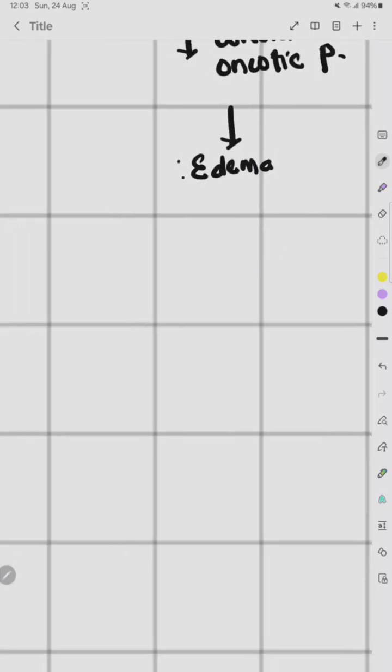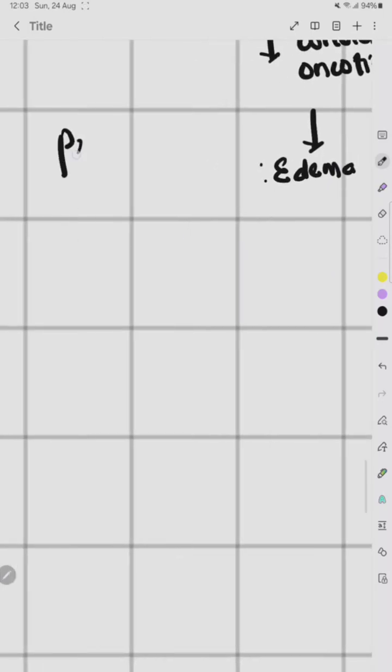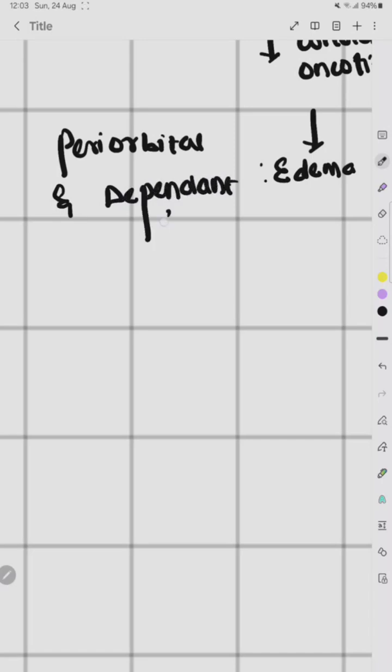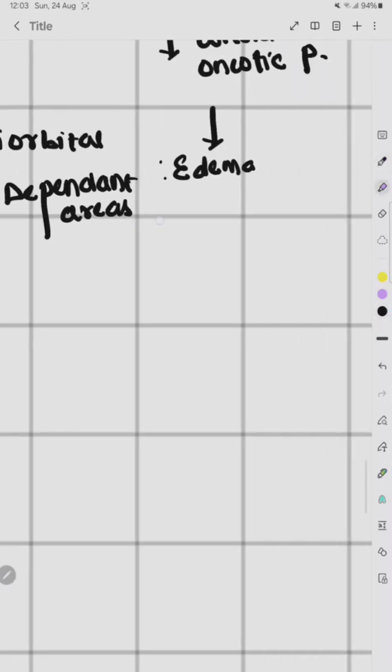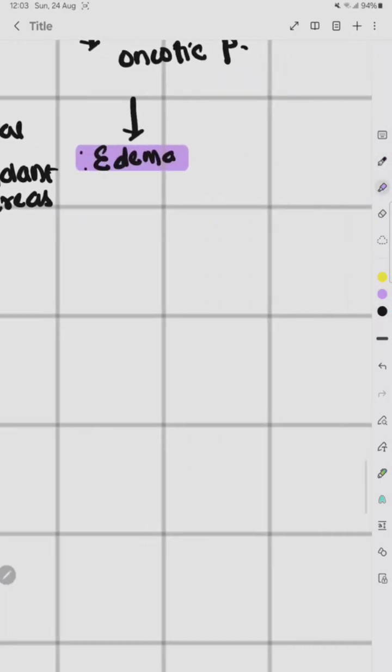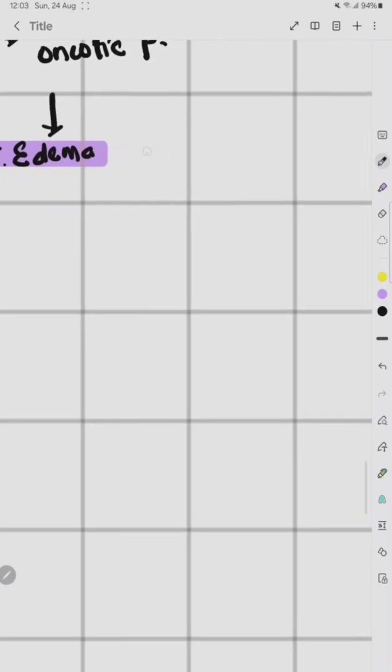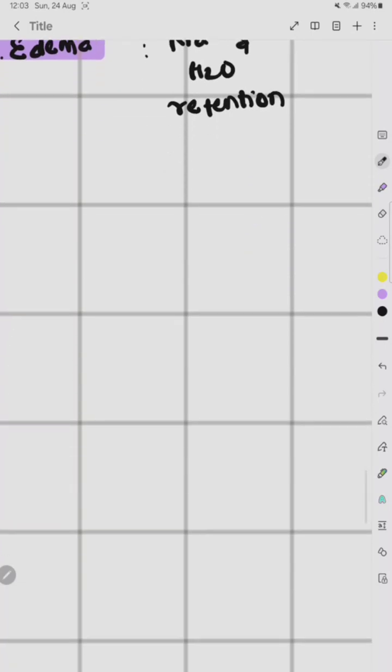This is generally visualized in periorbital regions and dependent areas. This edema can also be because of sodium and water retention. Why is there sodium and water retention?